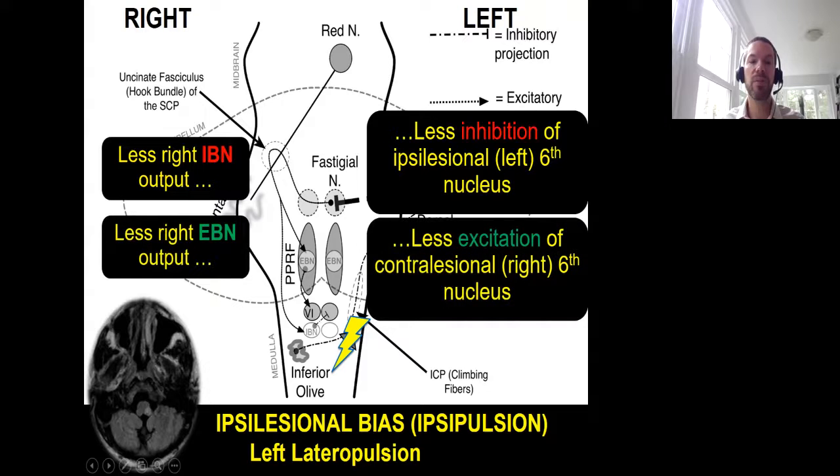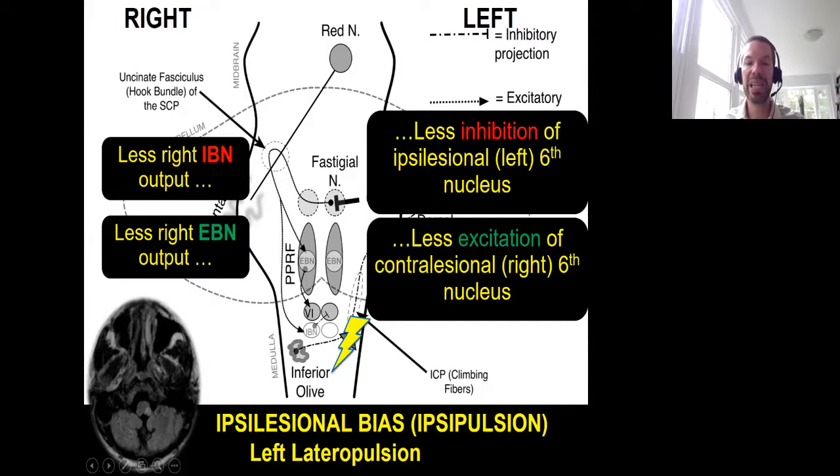And simultaneously, if you have less right EBN output, you're going to have less excitation of the contralesional right 6 nucleus. The combination of those 2 things is going to drive the eyes to the left side, toward the side of the lesion, hence the term ipsipulsion, because we're going toward the side of the lesion. Also known as left ocular lateral pulsion in this situation.